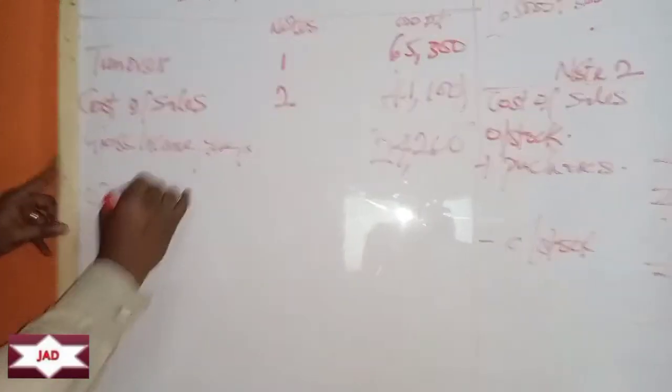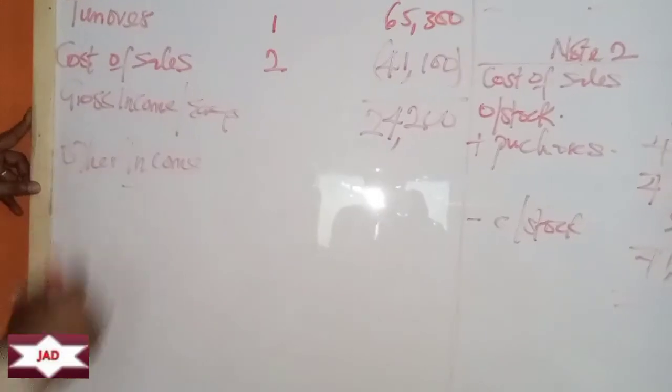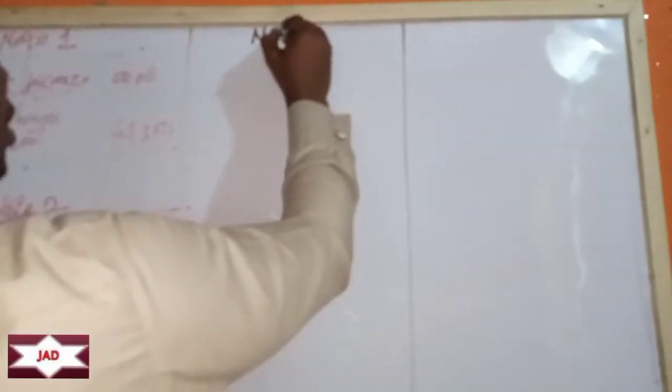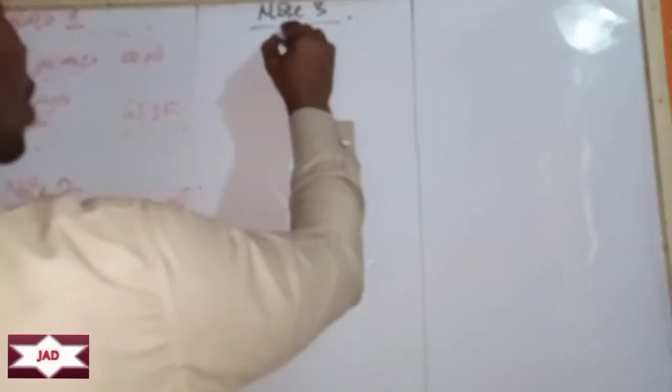So this will be your gross income or your gross earnings. So we now have other income. So what are the other incomes?